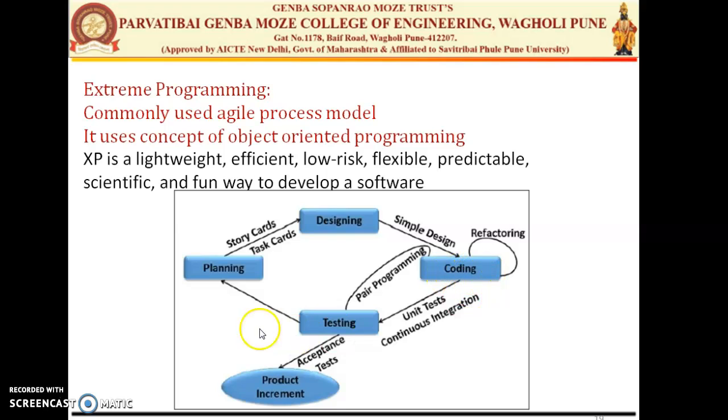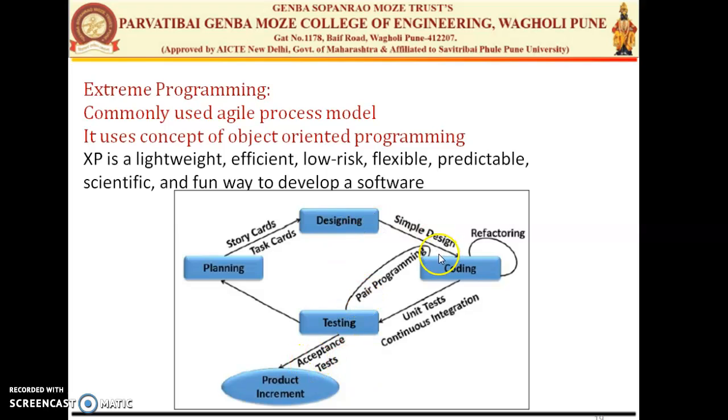After coding, it will go to the testing phase. Again, if bugs occur, then pair programming is done. This concept will be covered in the next section. Unit testing is done for each and every piece of code created in the modules. After the unit testing is done, if things are accepted using acceptance testing, the product is incremented, that means you move to the next increment.